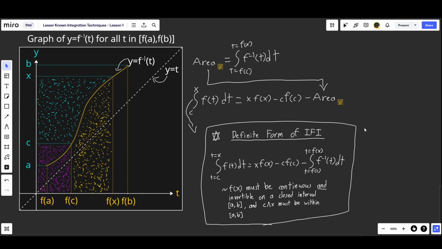With that said, we can finally replace the orange area in our equation with this expression, and from it, we obtain our first big result for inverse function integration.